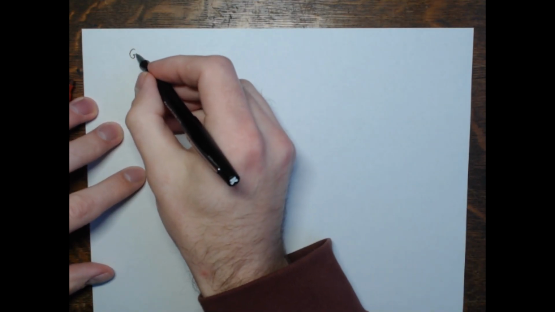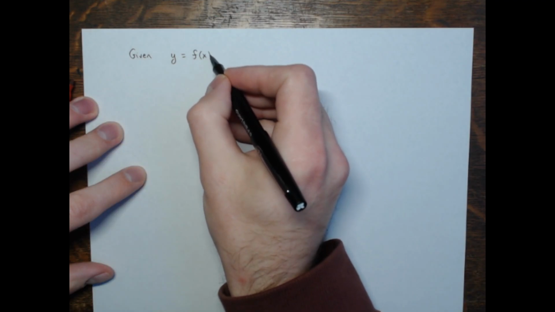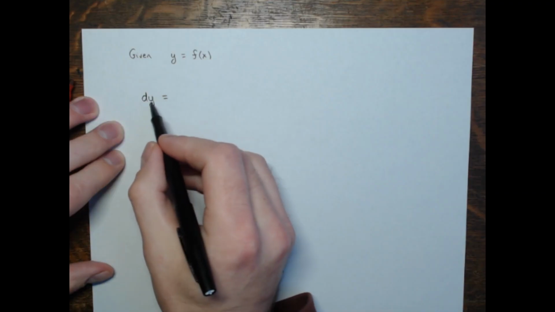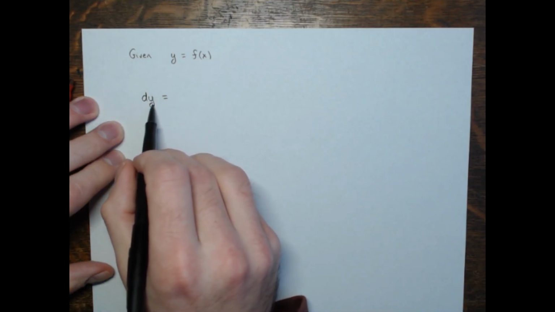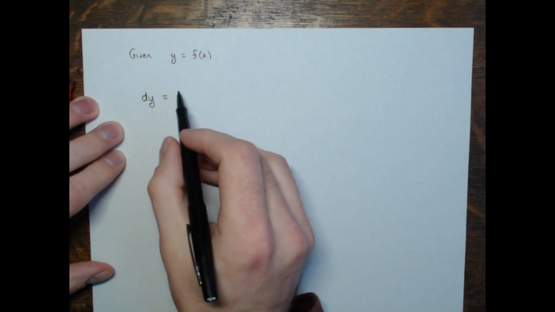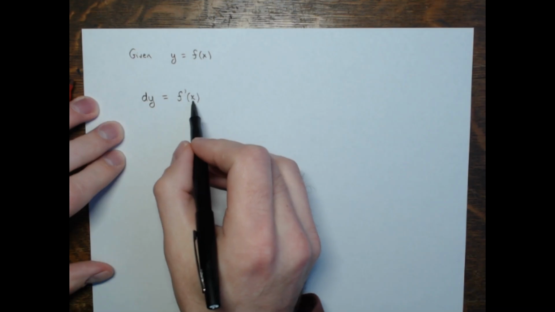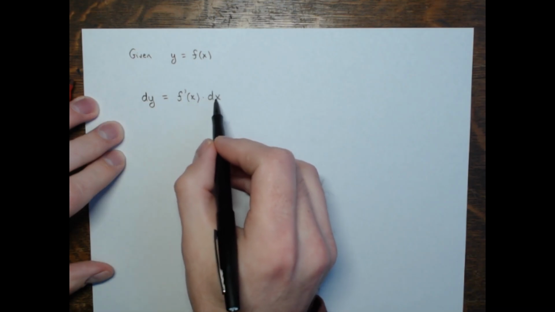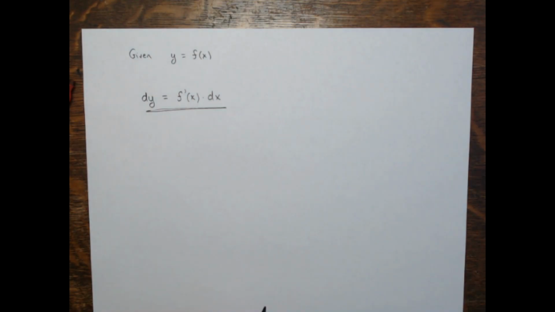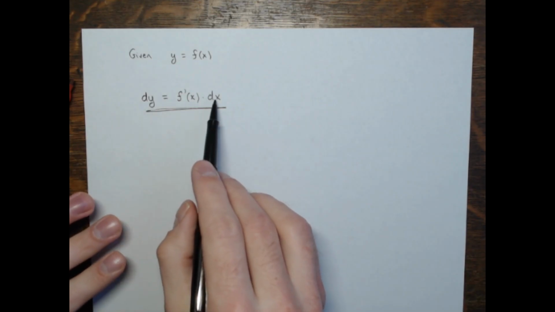So once again, given y equals some function of x, input x, output y, dy, and dy tells me about how much the output will change on the tangent line somewhere, and that'll be equal to the slope, f prime at that point, at some point x, times the change in the input, right? So dy, this is a differential of a function at a particular value of x. Change in y equals slope times change in x.